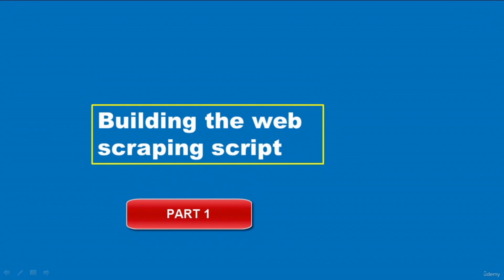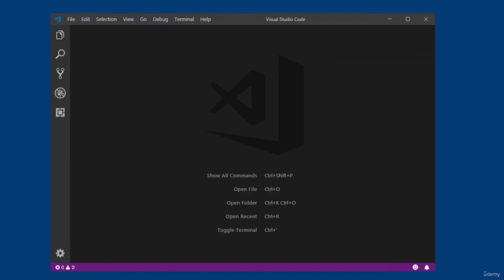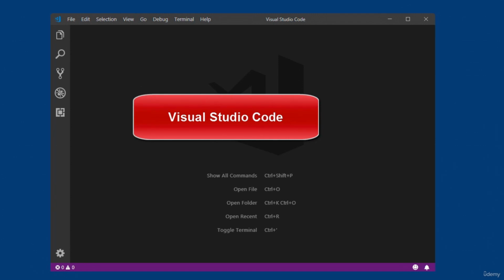In this video, we are going to start building the web scraping script that we'll use to scrape our website. So we'll need a text editor to create a Python script, and the text editor I will be using is called Visual Studio Code.